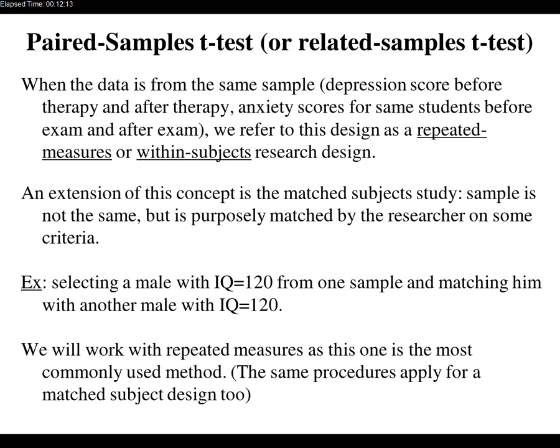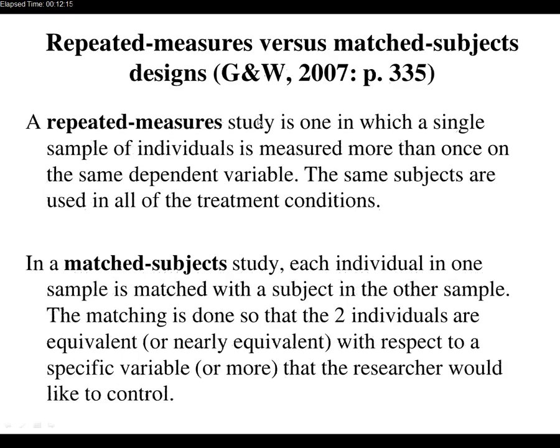Okay, but we're going to just be working with the repeated measures. And here's what Gravetter and Wallnau say about repeated measures. They say a repeated measures study is one in which a single sample of individuals is measured more than once on the same dependent variable. The same subjects are used in all of the treatment conditions. In a matched subjects study, each individual in one sample is matched with a subject in the other sample.